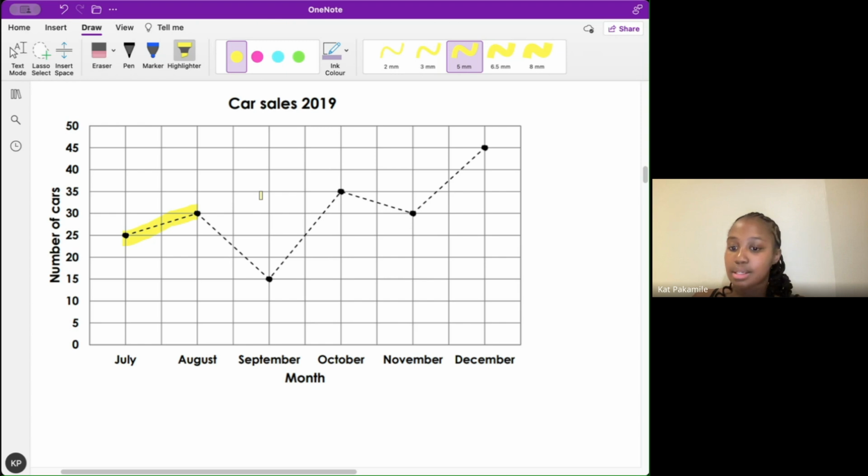What do you guys think? It is dotted because the type of data we have is what? Is it discrete or continuous? Anyone? If I want to know the number of cars I sold, it's discrete. Nice, guys.